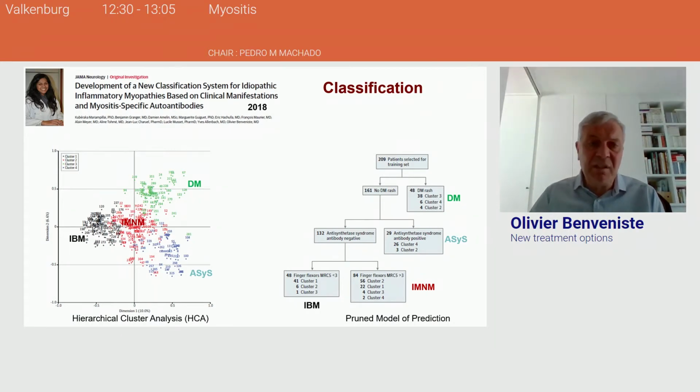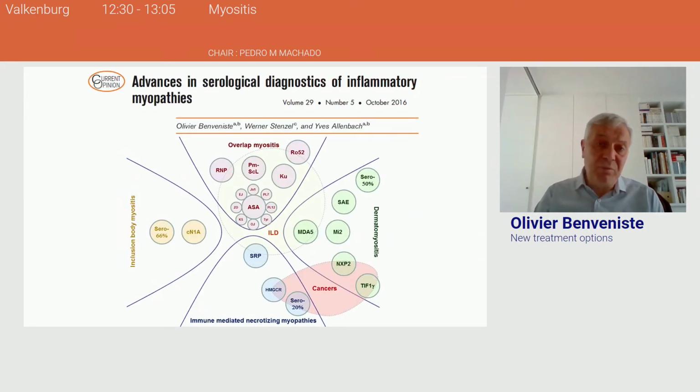The big computer can say that all these myositis patients are not one homogeneous group, and that we have four subgroups: dermatomyositis, antisynthetase syndrome group, immune-mediated necrotizing myopathies, and inclusion body myositis, which is not far from what we wrote some years before, just based on the observation of the patients and the presence of the autoantibodies. We propose that we can classify the patients in four subgroups.